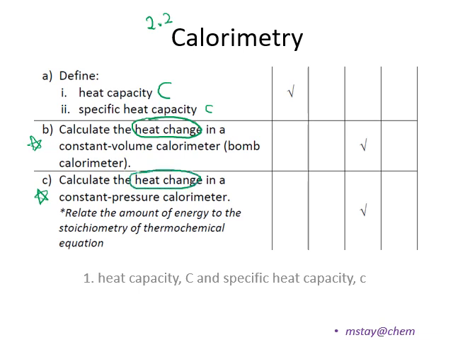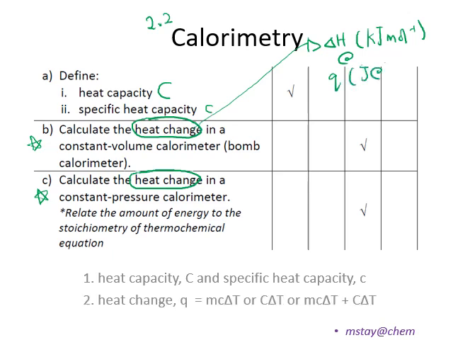The symbol for heat change can be delta H if we are asked to calculate in the unit of kilojoule per mole, or Q if it is in the unit of joule or kilojoule at any amount.